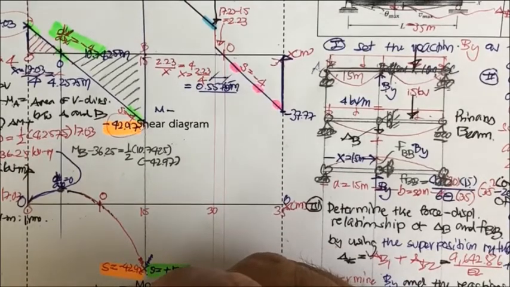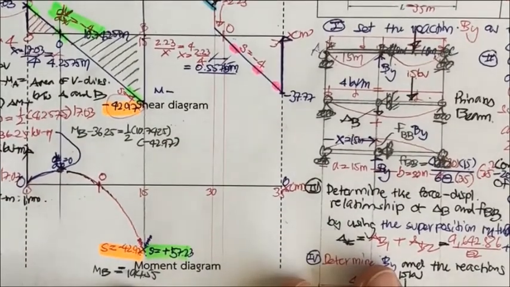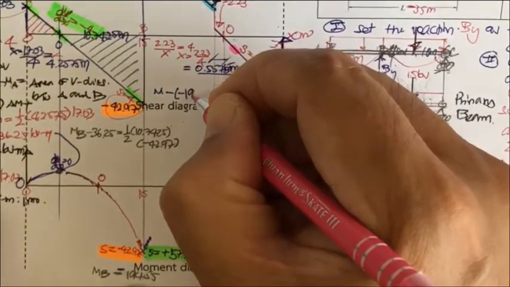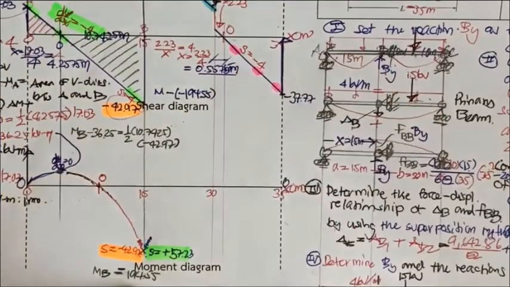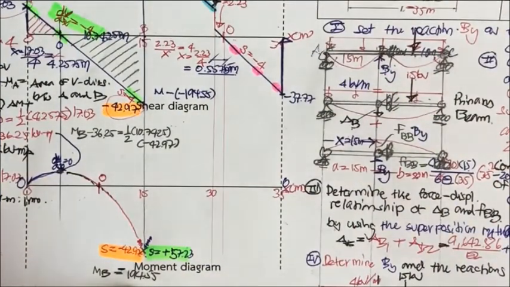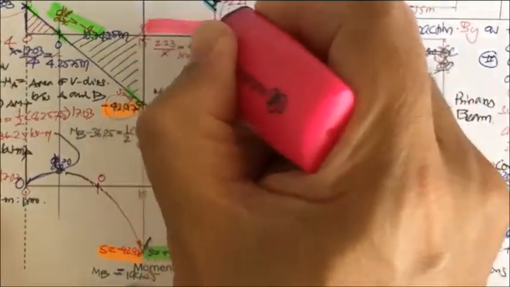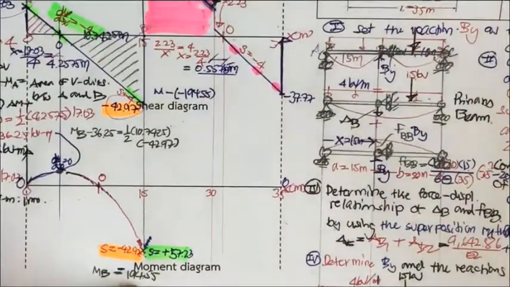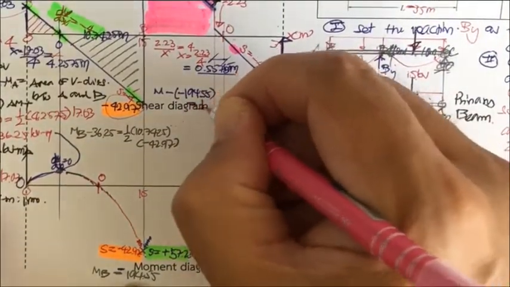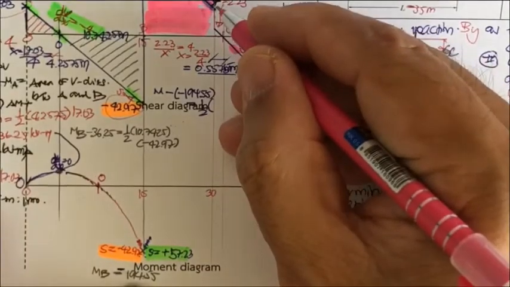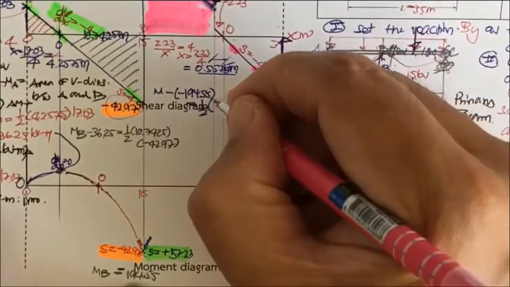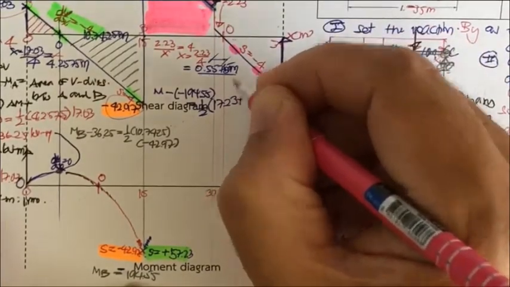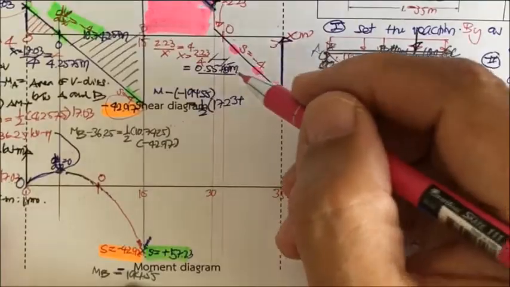This is going to be minus 194.55 minus of minus 194.55, and it's going to be what? It's going to be this area. Okay, it's going to be 1/2 of 17.25 so 3 plus this one 57.23.